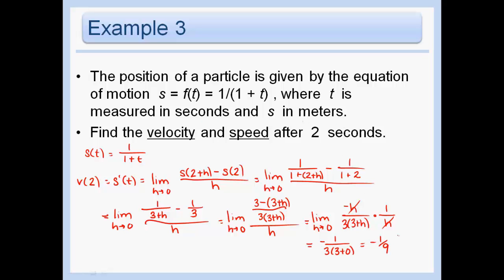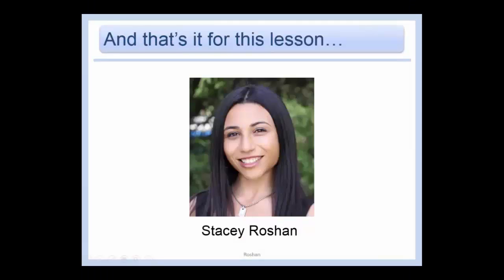And that's in meters per second. Don't forget about your units. So the velocity after 2 seconds is just negative 1/9 meters per second. And so the speed is just the absolute value of the velocity. And that's just going to be 1/9 meters per second. That's it for this lesson.